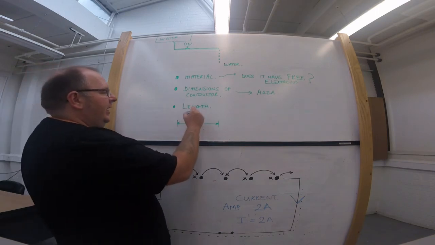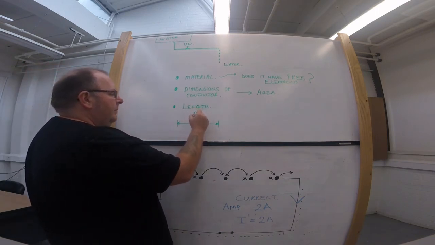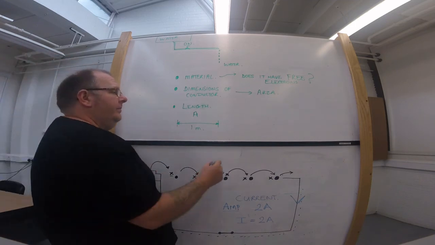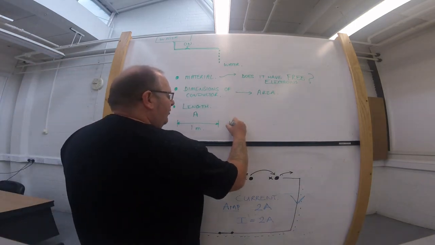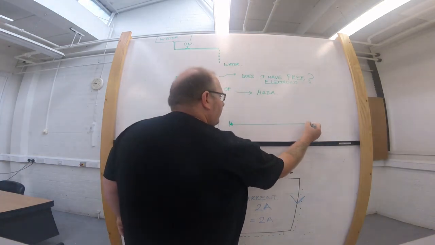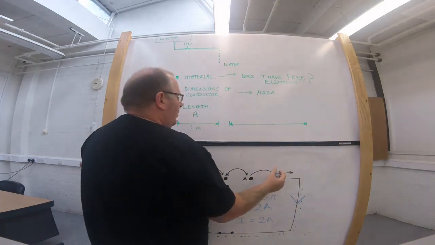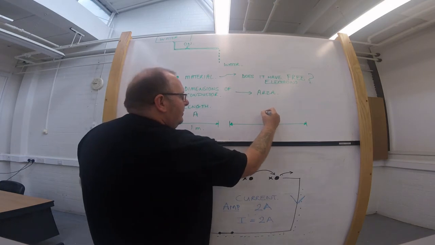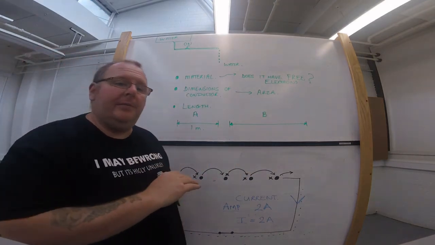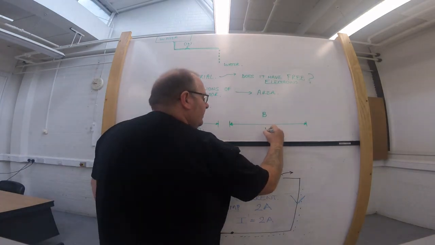We'll call this situation A. And then I'll draw something over here, not to scale, but I will try and make it a little bit bigger so that you can see. We'll call that situation B. And we'll say that that is a kilometre, 1,000 metres.